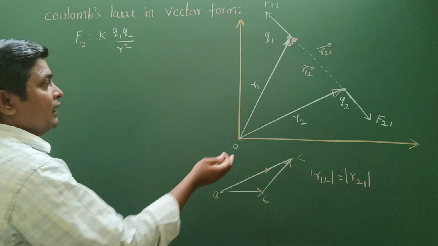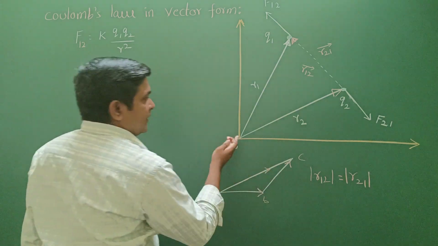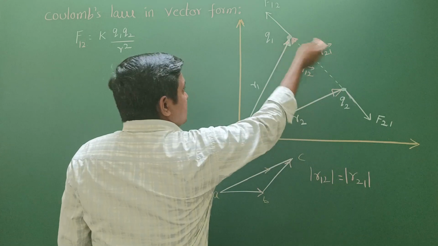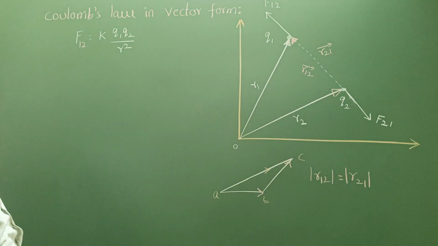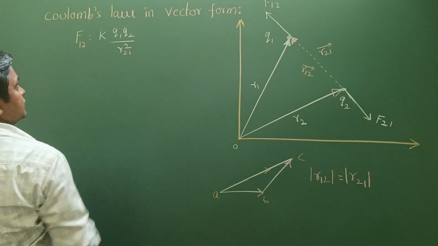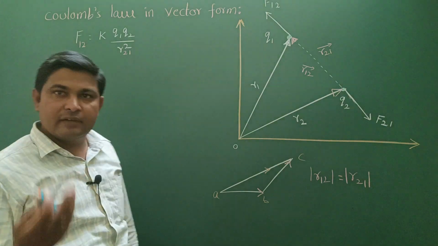But if you see the triangle of vectors, from O to q2 and q2 to q1, these two are continuous. So that's why I am going to take r2 to 1. Whenever you are talking about force, you need to give two details, because force is a vector quantity.